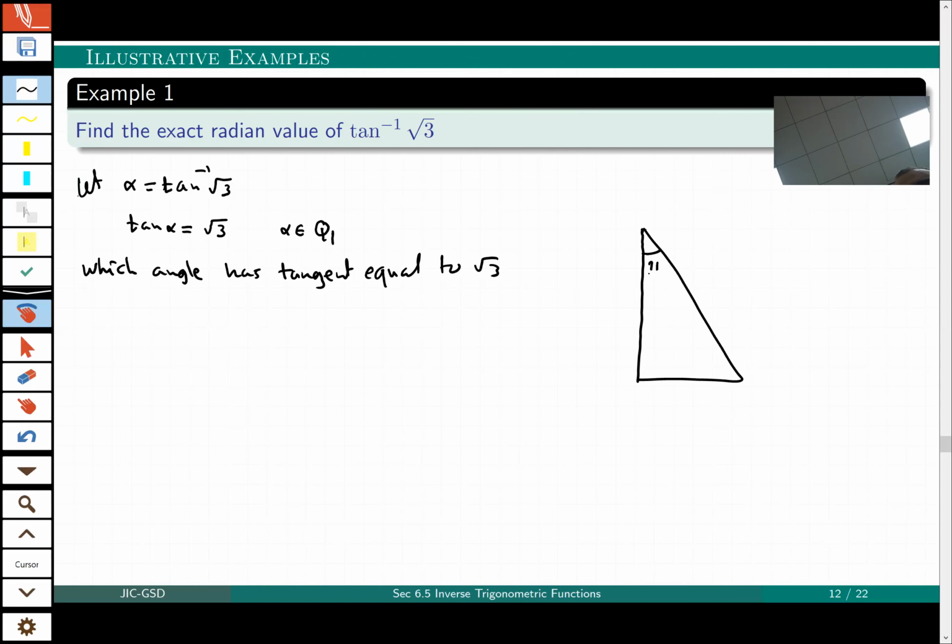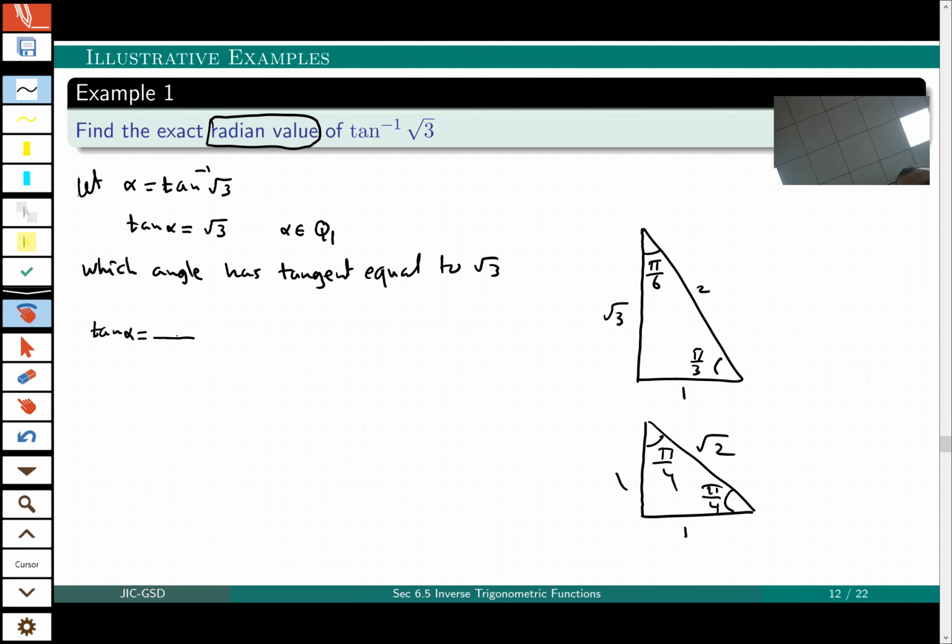So we can go to the two famous triangles we had. This is pi over 6, and that's pi over 3. This is 2, 1, square root of 3. And we have the second triangle, which is pi over 4, or 45 degrees, with sides 1, 1, square root of 2. Remember, he said I want it in radians. So we will say tan alpha means opposite over adjacent.